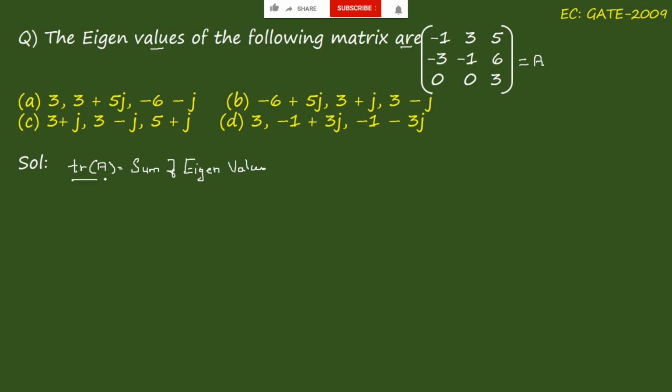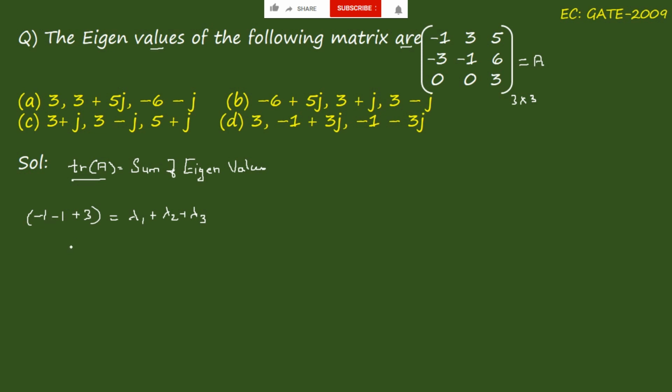The trace of matrix A is minus 1 plus 3 and so on, which should be equal to the sum of the eigenvalues. Let the eigenvalues be lambda 1, lambda 2 and lambda 3. It is a 3 cross 3 matrix, so it has 3 eigenvalues.